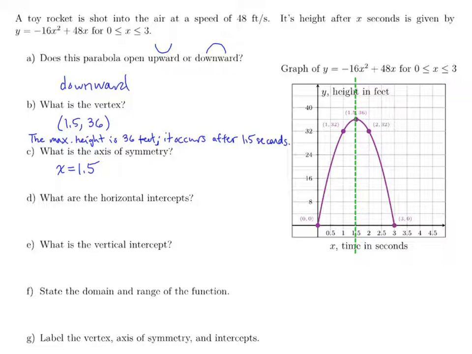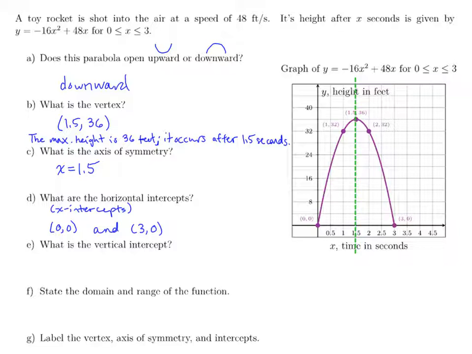The horizontal intercepts is a general term for intercepts for that horizontal axis. Here, these are x-intercepts, so I'll note that, and that's coming from the fact that our variable on that horizontal axis is x. So the x-intercepts, or the horizontal intercepts here, are the points (0, 0) and (3, 0). Those are the points where the graph hits the horizontal axis, or in this case, the x-axis.